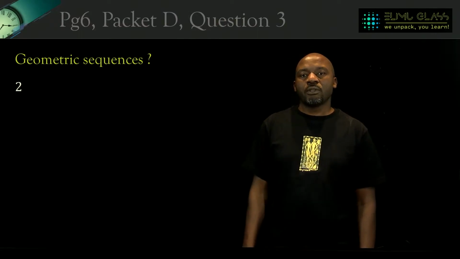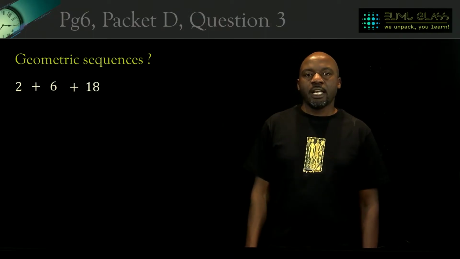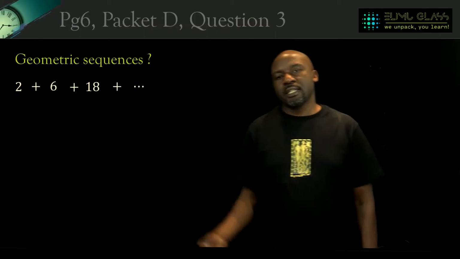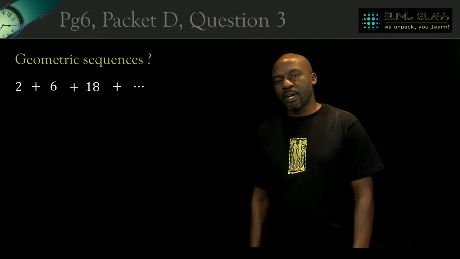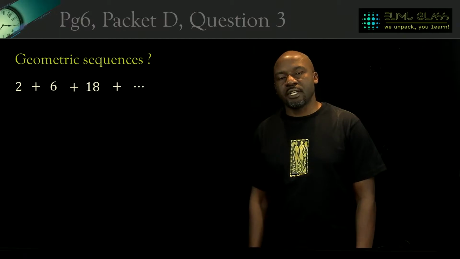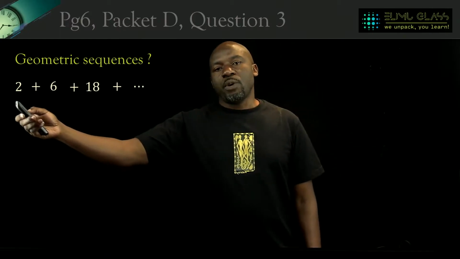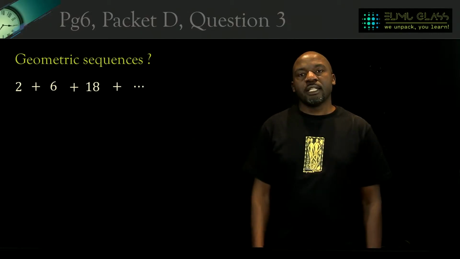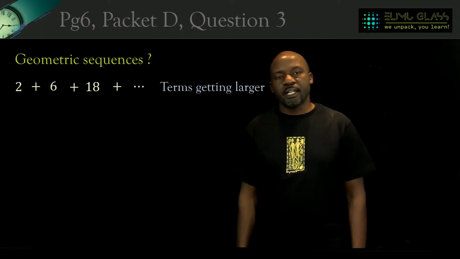So here we go. I have a number 2 and I'm going to add 6. Then I'm going to add 18 and so on. Now looking at this sequence of numbers, there is a pattern. All right, and there's a pattern that tells us that this is a geometric series or a geometric sequence. Now we can see first of all that the numbers in the sequence are getting larger and larger.